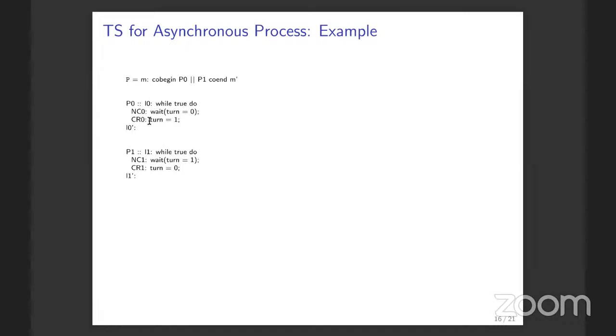Usually there'll be some sequence of statements that you want to do in the critical region, which is why it's called a critical section. You have to change turn at the end of that critical section, but here the critical section is a single statement.